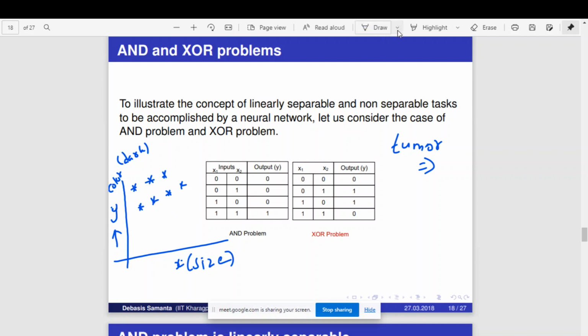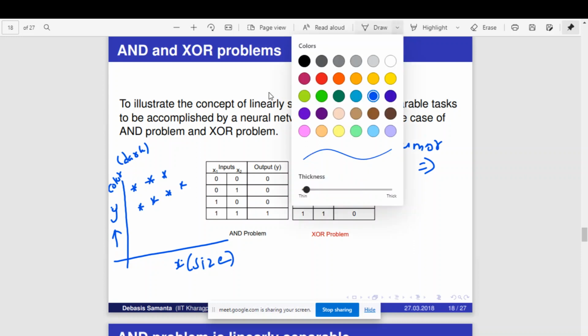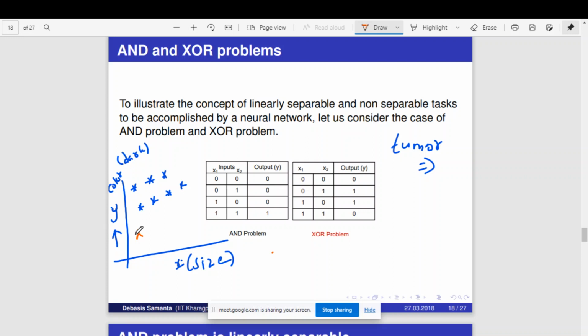Say there are some other data points for the same tumor data set, to detect whether it will lead to cancer or not. These red points represent that even though there is a tumor, it will not lead to cancer. This is based on experience. You may ask, how do we know?